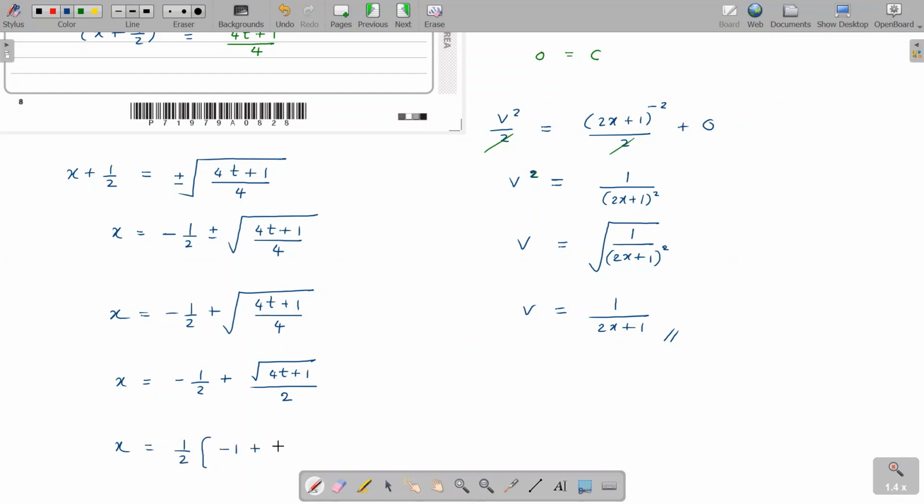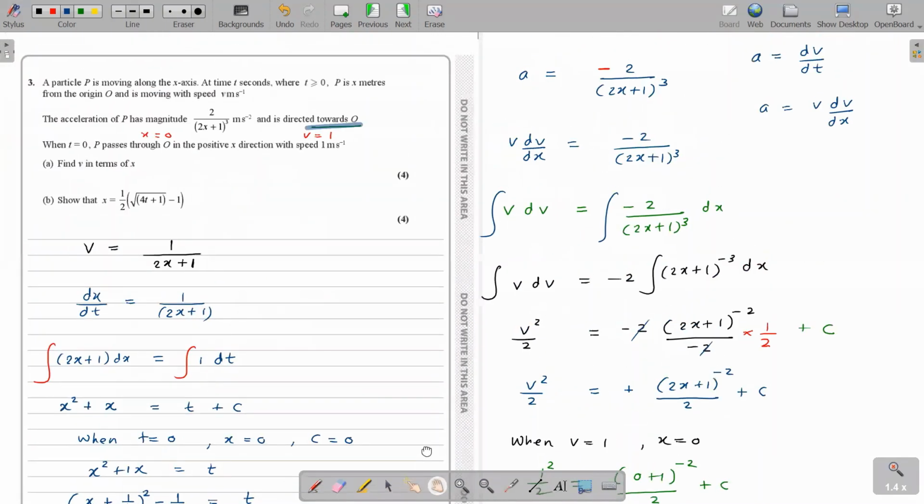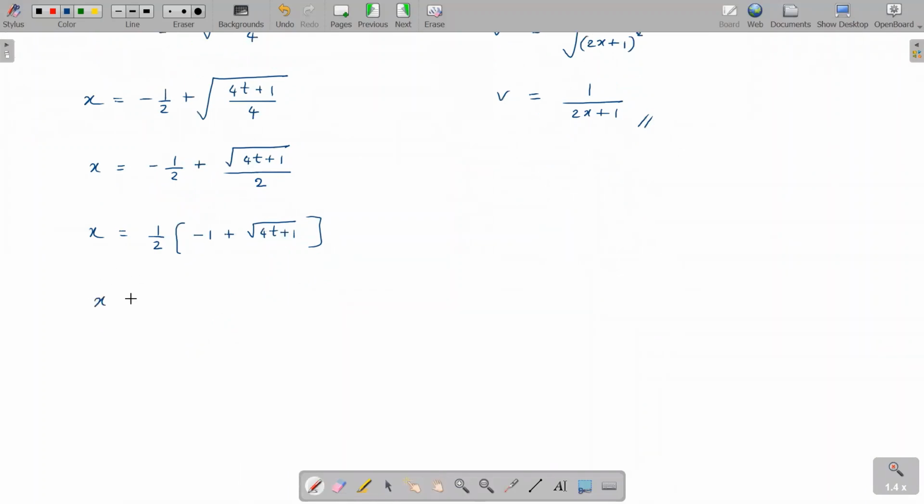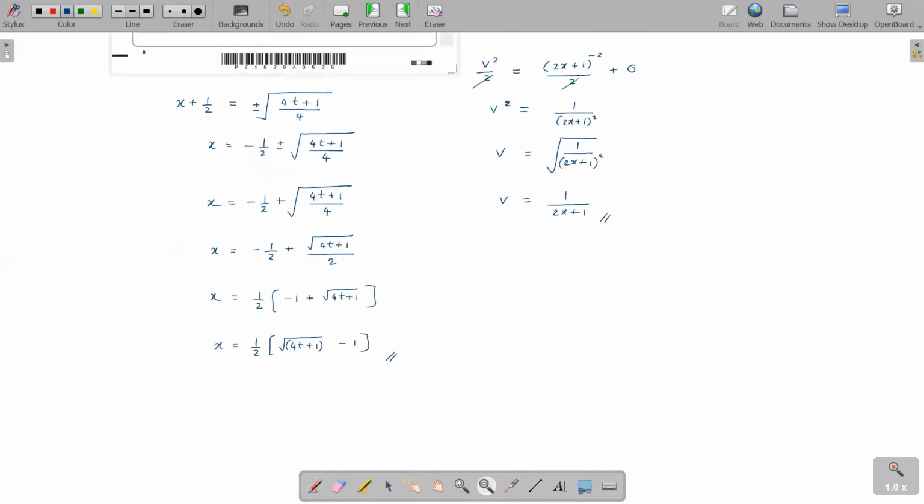So you get minus 1 plus root of 4t plus 1, over 2. So that is half root 4t plus 1 minus 1. Same thing, right? Half of root 4t plus 1 minus 1. So this is the show that. Okay, is it clear?